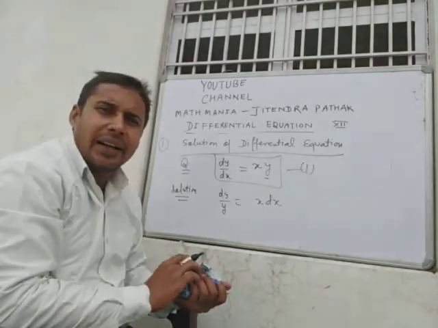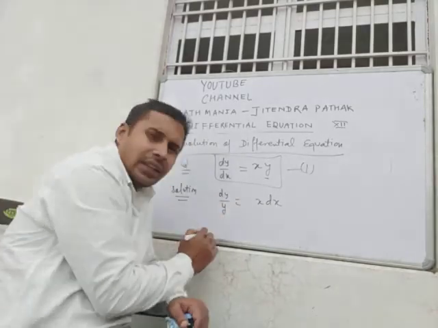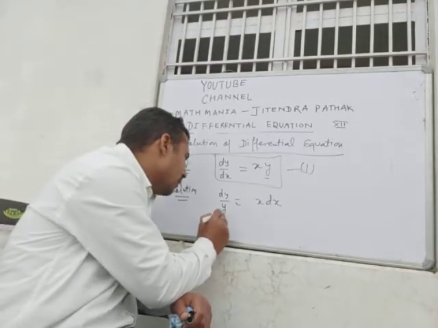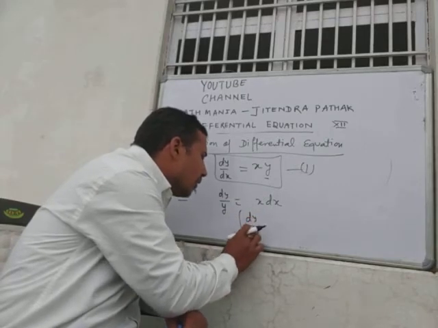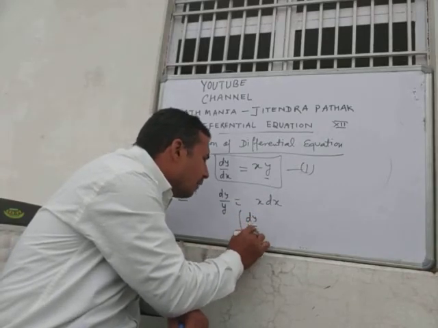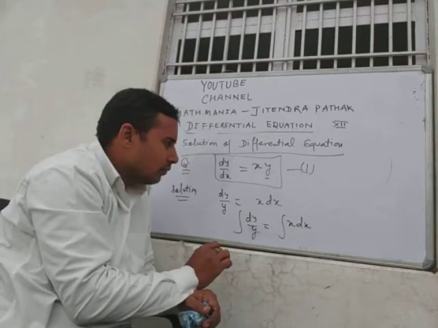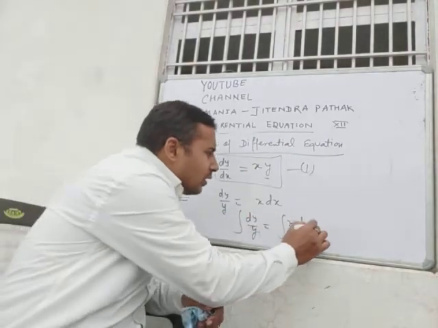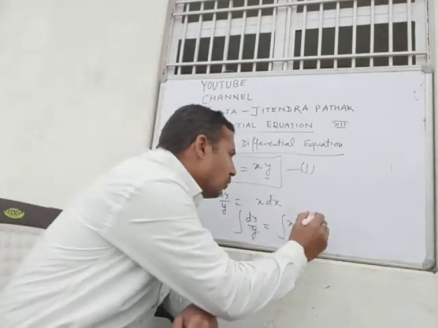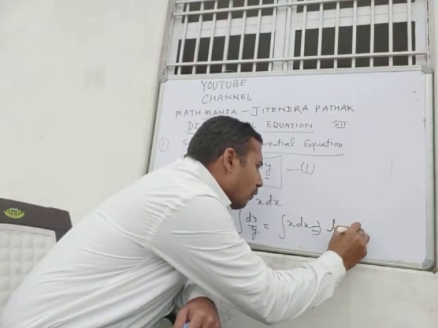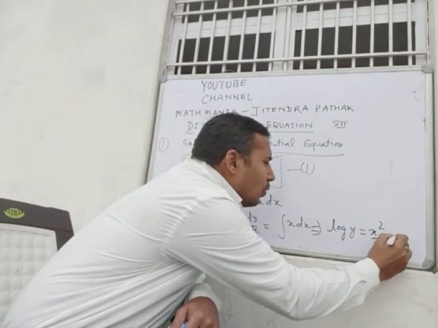Now integrating both sides. If we integrate on both sides, the equation changes to integration of dy upon y equals integration of x dx. This is log y, and this is x square upon 2 plus c.